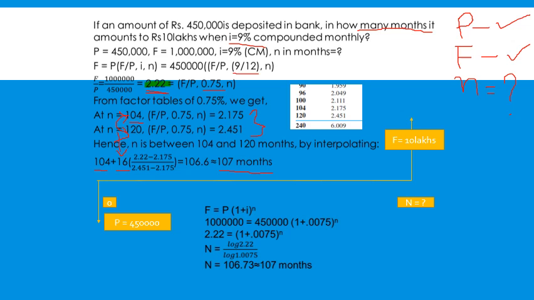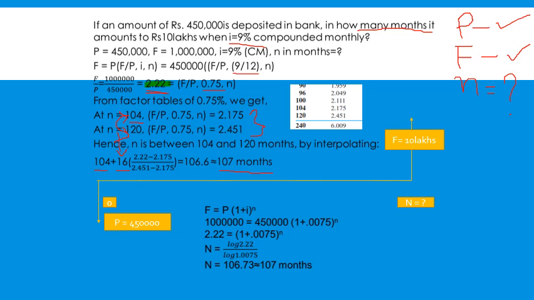So the interpolation method, you can use any interpolation method as per your maths classes. This is one of the interpolation methods that I have used here. Mid value minus lower value divided by higher value minus lower value, and when I substitute the values and calculate, I get it as 107 months.